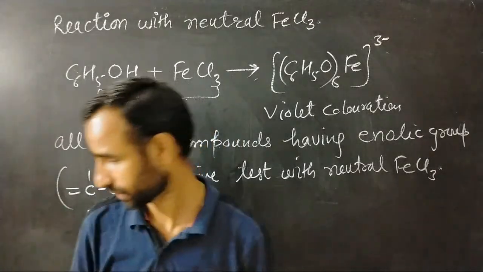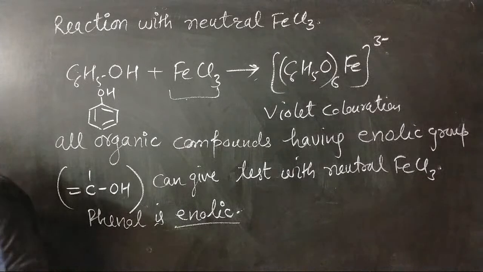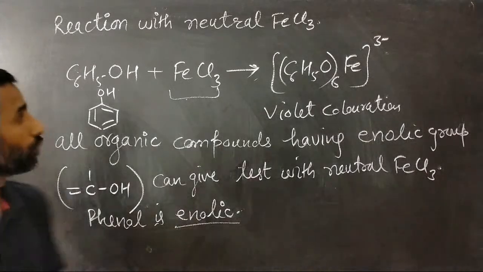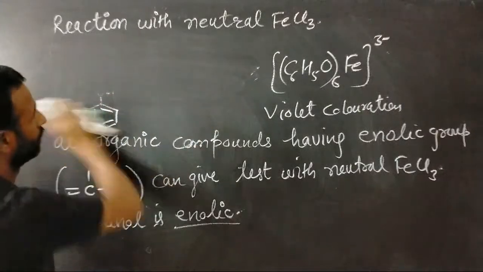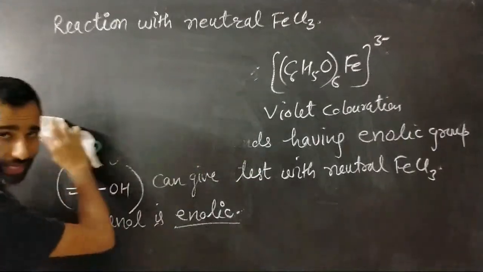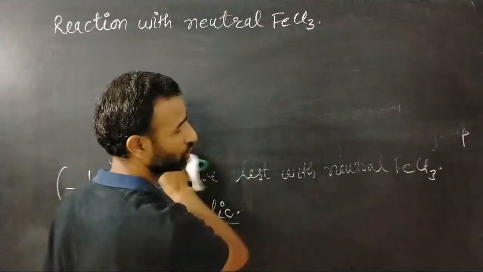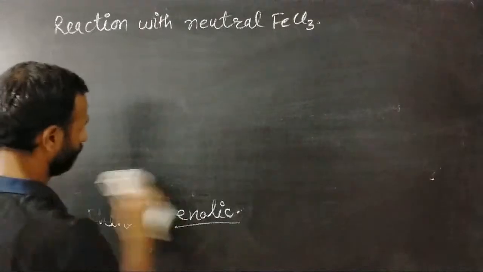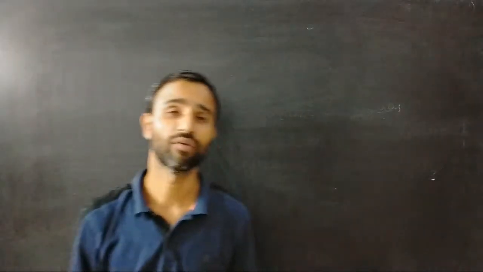So with Grignard reagent phenol gives methane or any hydrocarbon, RH, and with neutral ferric chloride it gives a hexa-coordinated complex of iron, which is of violet color.